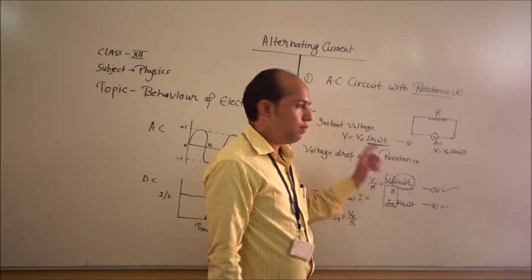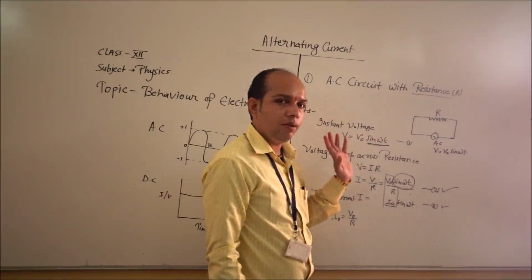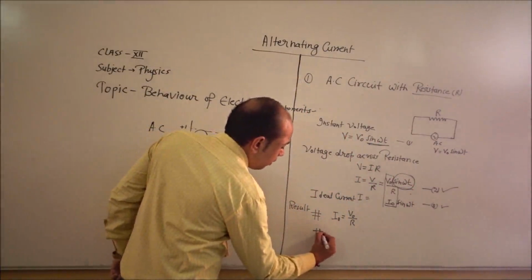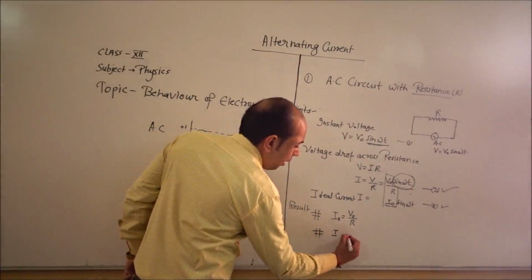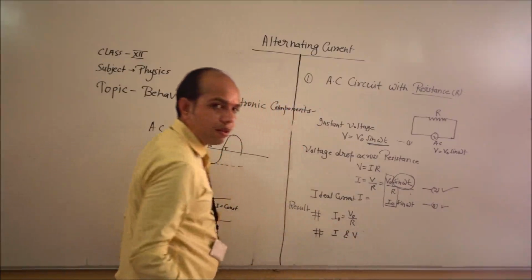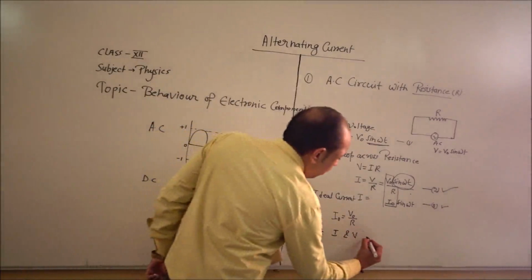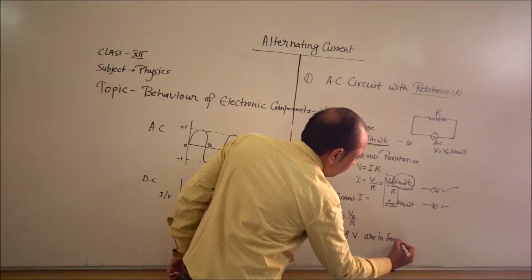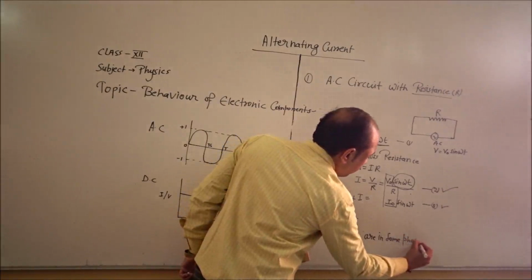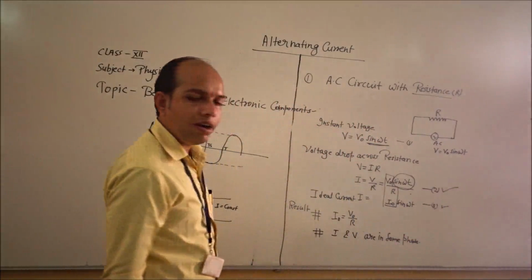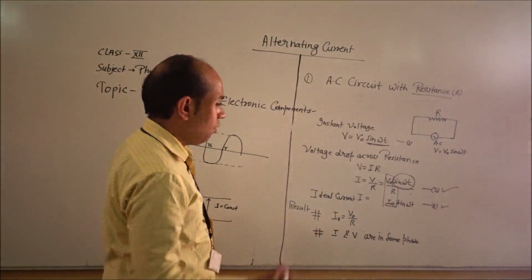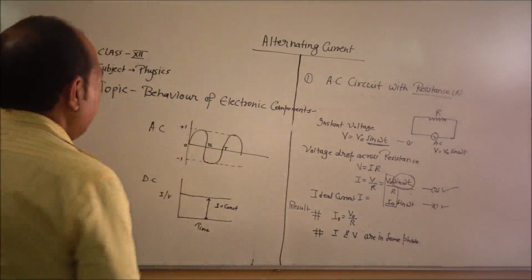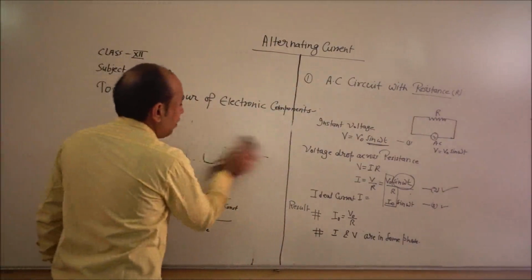But in this situation we find sin omega t on both sides. So this indicates, as the second result, that current I and voltage V are in the same phase. On the basis of this, we may also draw the graphical representation.